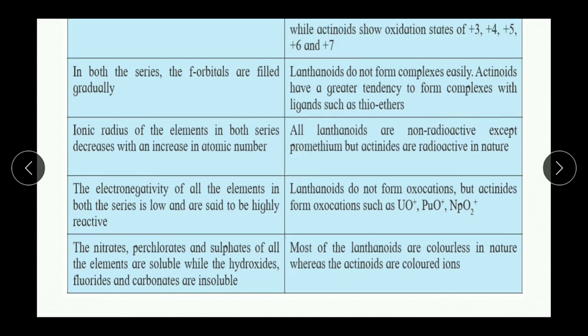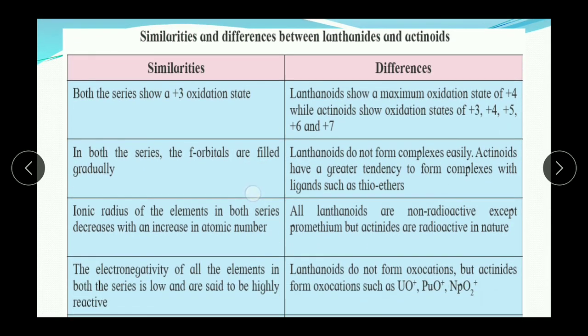The nitrates, perchlorates and sulfates of all the elements of lanthanides as well as actinides are soluble. But the hydroxides, fluorides and carbonates of them are insoluble in water. Understood? So these are the similarities between lanthanoids and actinoids.